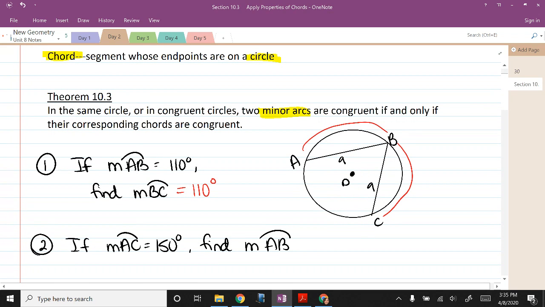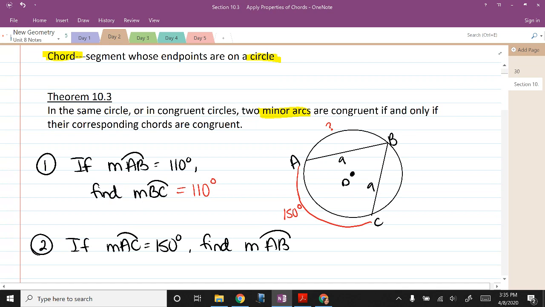Okay, let me erase my markings because the next problem is going to need some different information. It says if the measure of arc AC, so from here to here, because that's a minor arc, is 150 degrees, find the measure of arc AB.